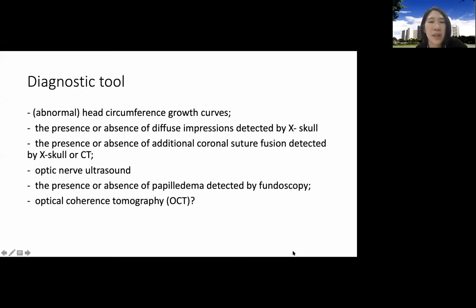However, for craniosynostosis, we are concerned about the long-term effect of the intracranial pressure. If you see from these guidelines, they provide only 6 methods that possibly can predict increased intracranial pressure, except for putting the ICP monitor directly on the brain, right?